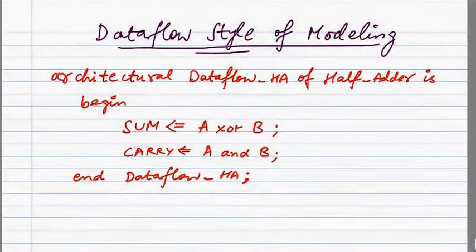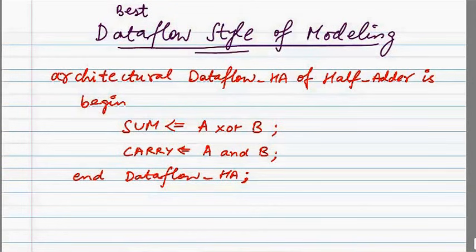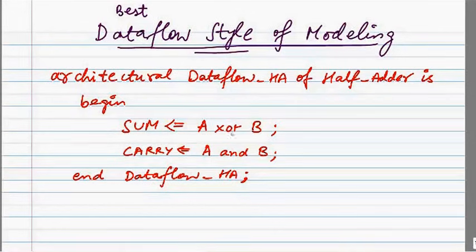The second style is the data flow style. For the half adder example, this is actually the best style because it's very straightforward. If you see, architecture data flow of half adder is begin, my sum is A XOR B, my carry is A AND B, and then I say end data flow.